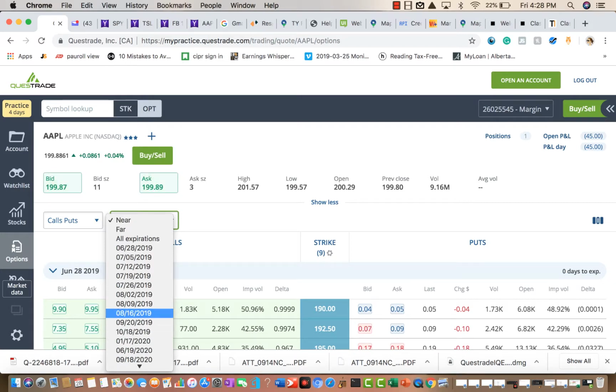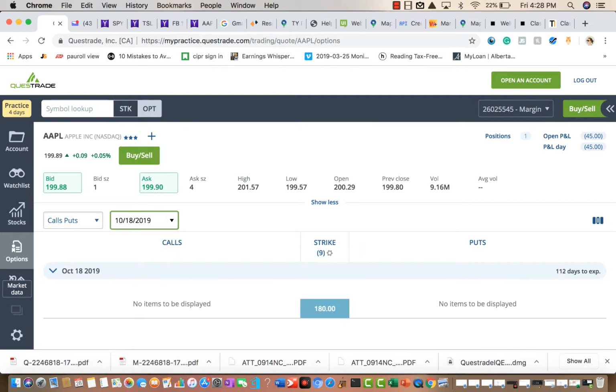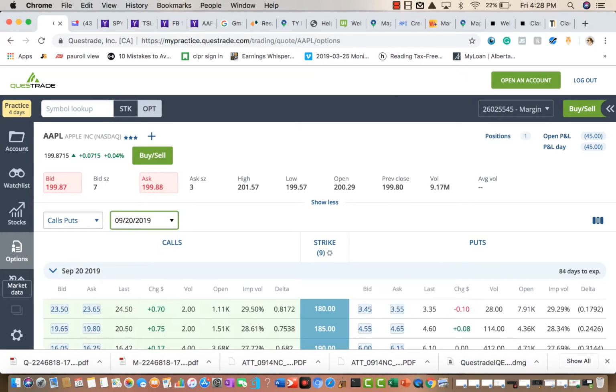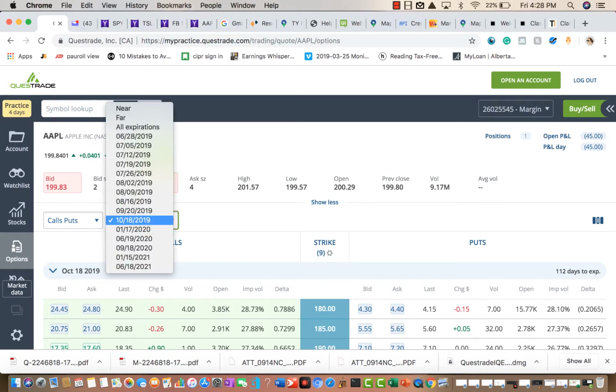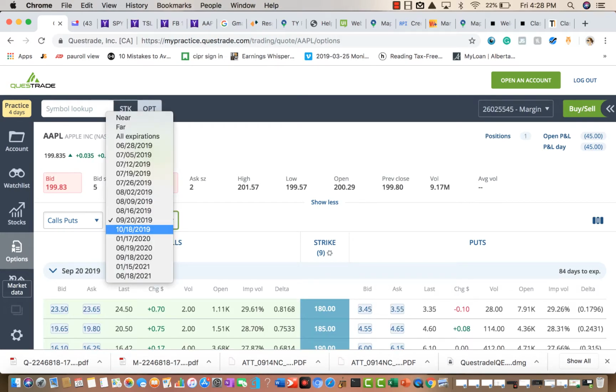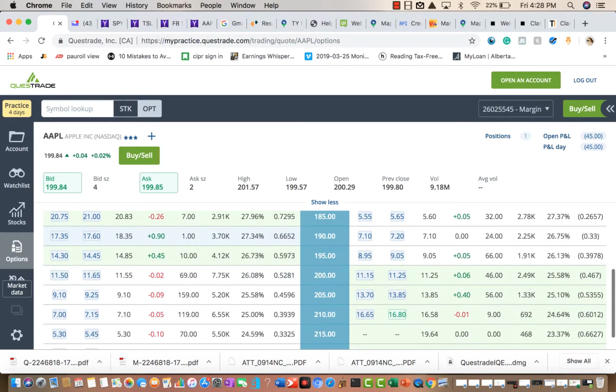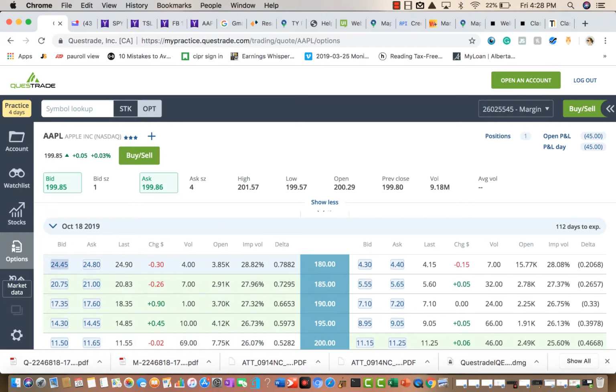What about September? Let's go for October. So you guys can actually see how many days until it expires. It's going to show you the option chain for October.